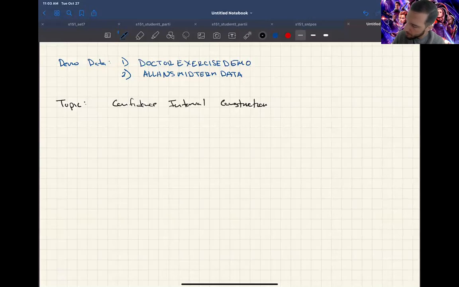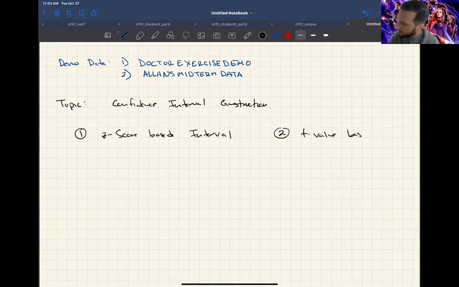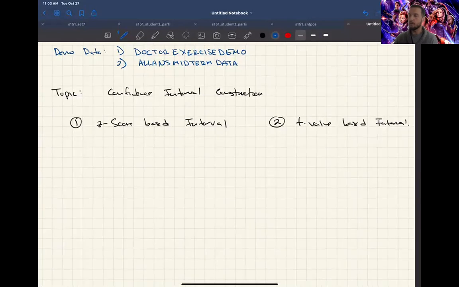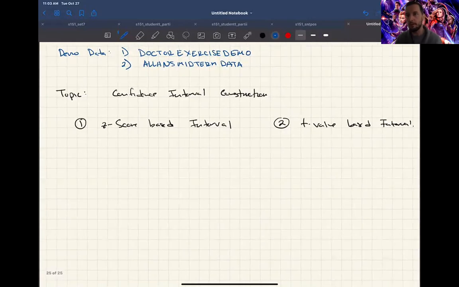We have the Z score based interval, and then we have the T value based interval. First, a couple of little things about the intervals themselves.